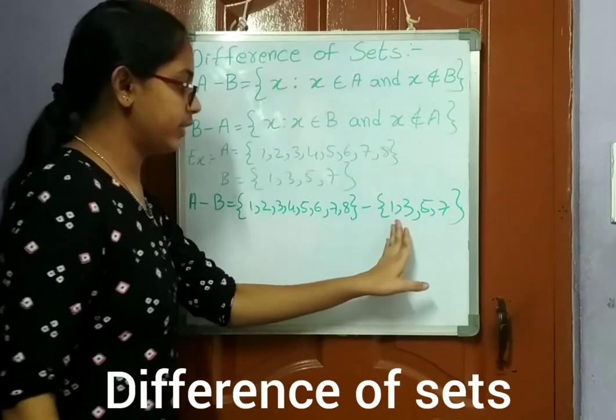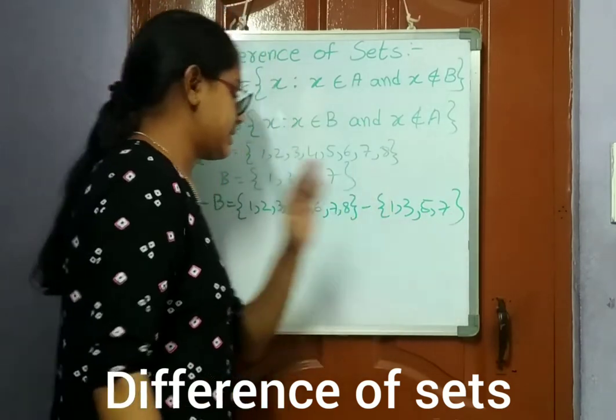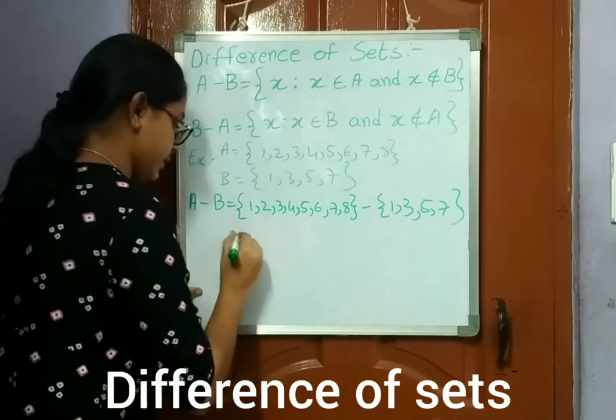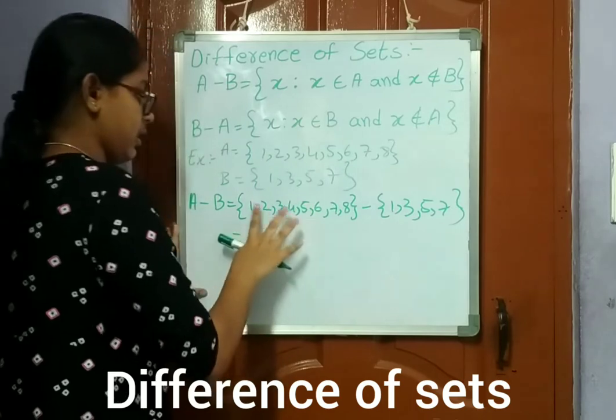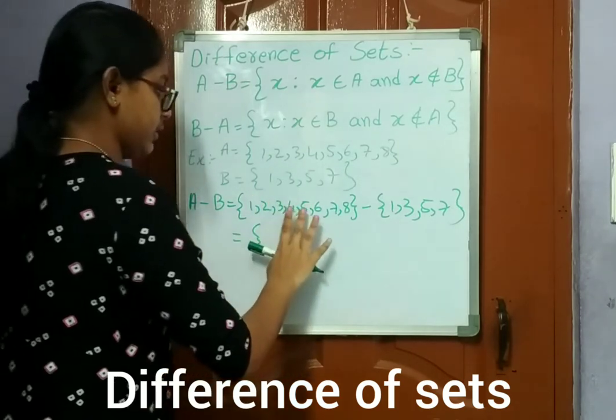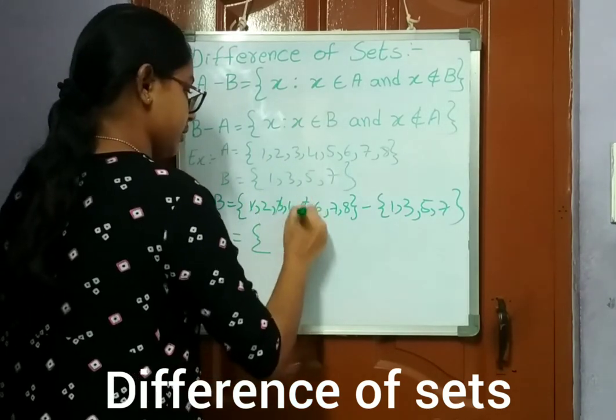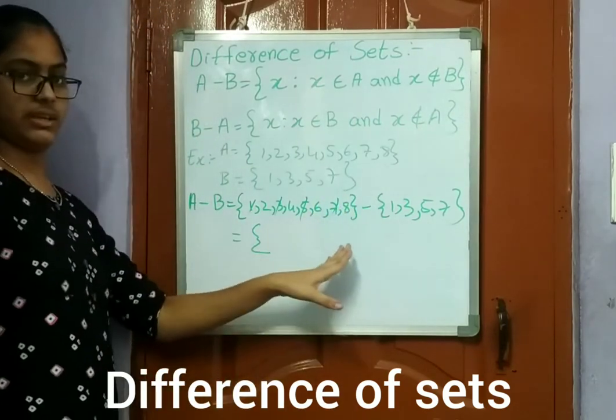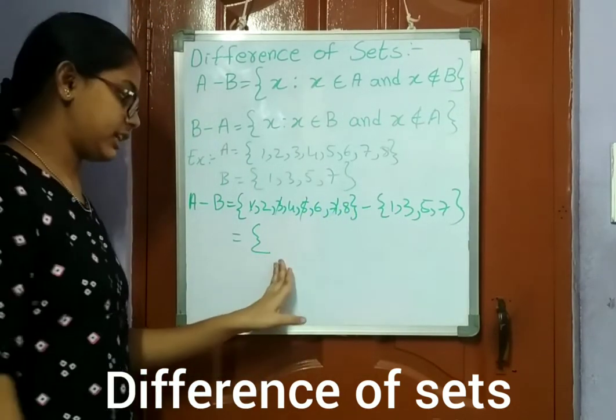Now we are removing 1, 3, 5 and 7 from A. Except 1, 3, 5 and 7, the remaining elements we need to write down as the resultant.